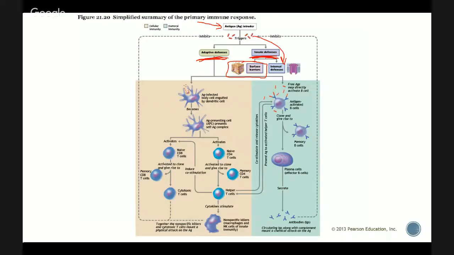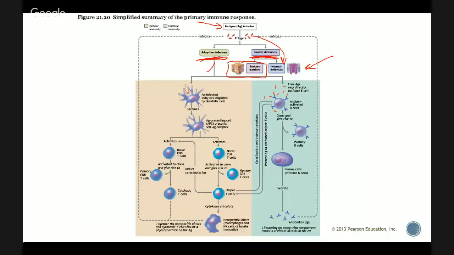So we talked about the internal defenses, innate defenses: interferon, the complement system, fever, inflammation, phagocytosis, natural killer cells. We talked about all those, okay?